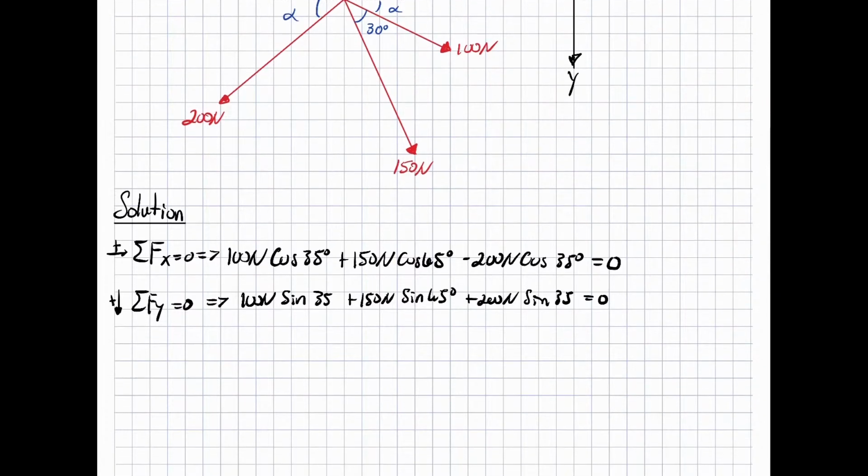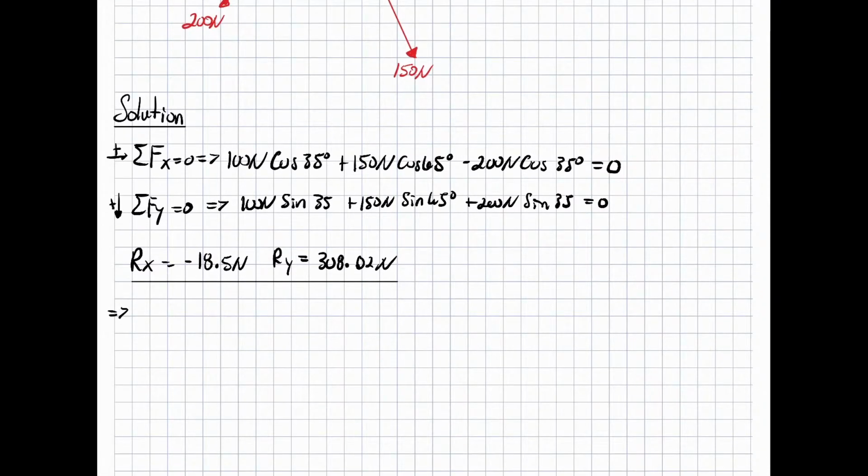Solving both of those equations out, I'm going to call them Rx and Ry. Solving those, we get Rx to be negative 18.5 newtons and Ry to be 308.02 newtons. Now those are component forms of the resultant, so we need to get those into a final resultant force.